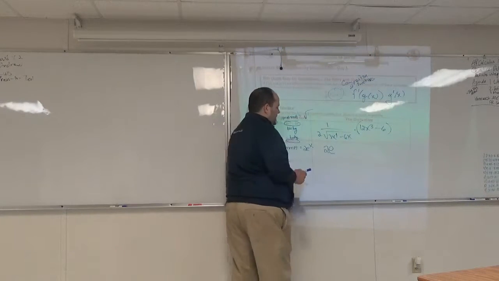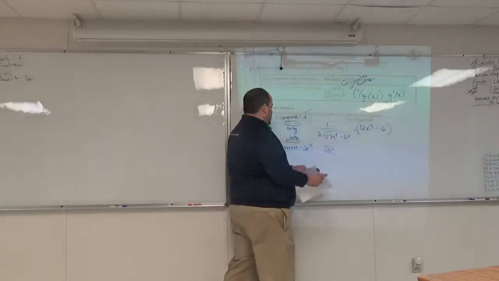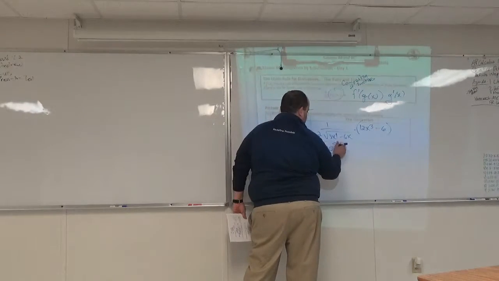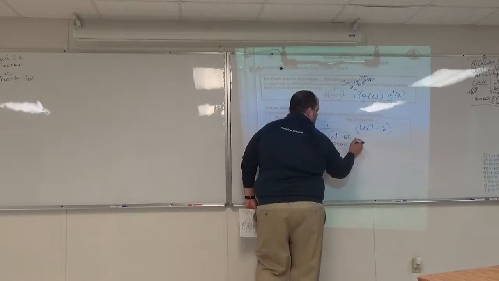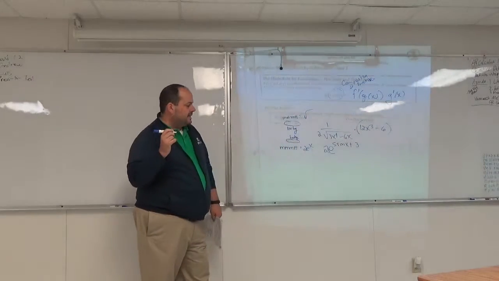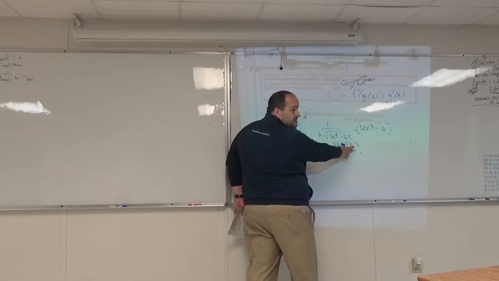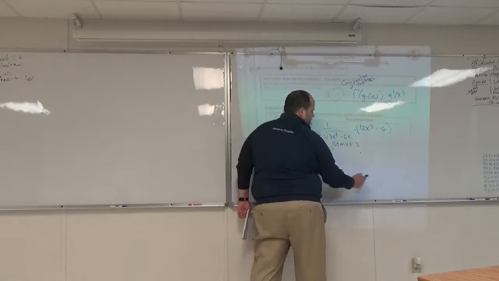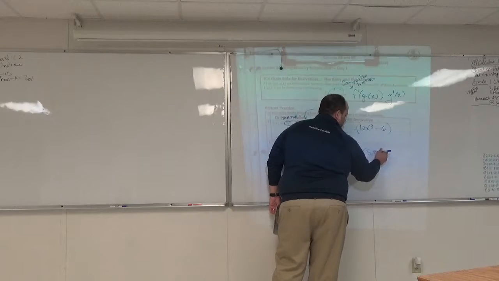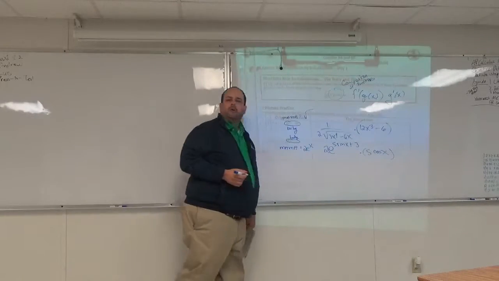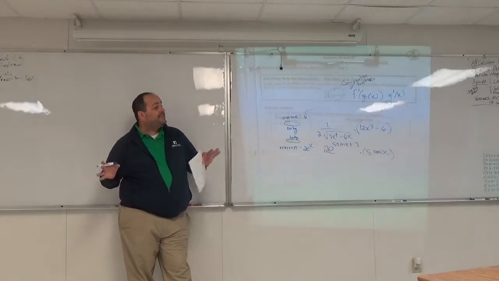It's going to be 2e to the x, but really it's going to be 2e to the baby power, so 5 sine of x plus 3, times the derivative of this guy over here. And the derivative of this guy over here is 5 cosine of x. Of course you could simplify if you wanted to, but that's not the point right now.